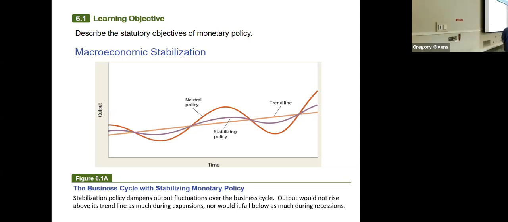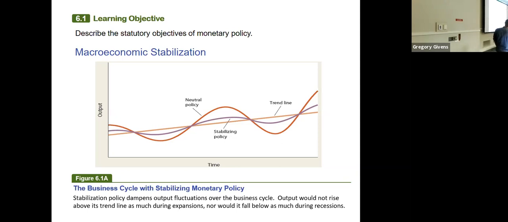Now, the red line there that's labeled neutral policy, all right? That shows changes in the business cycle in the absence of any type of stabilization policy by the Fed or by a central bank, okay? The orange line here is the trend line. That's trend output.